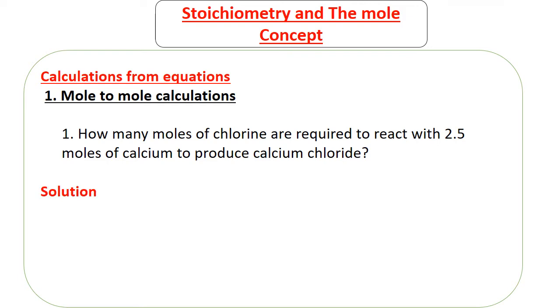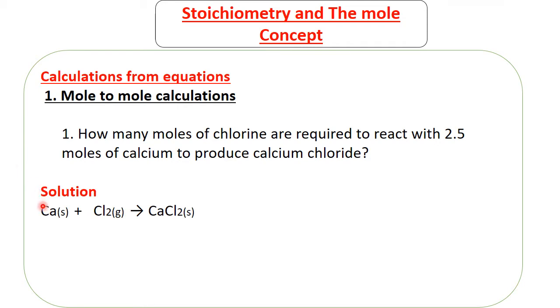In this case, we haven't been given the equation. We're expected to come up with this equation on our own. This is just a simple combination of elements where calcium and chlorine are combined to form the salt calcium chloride.